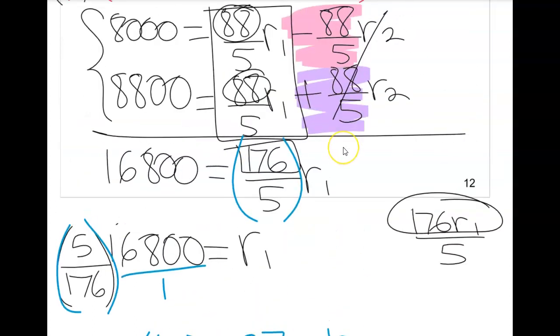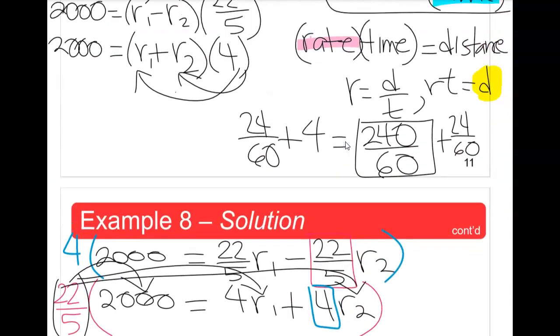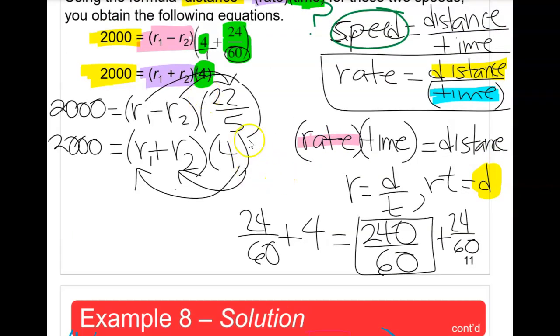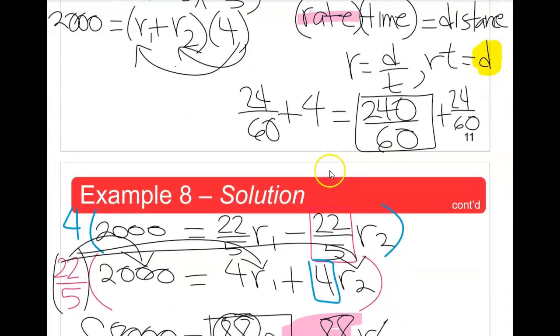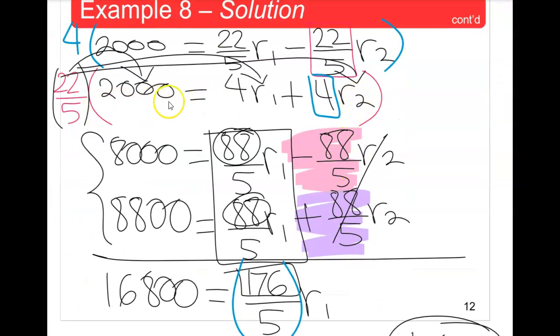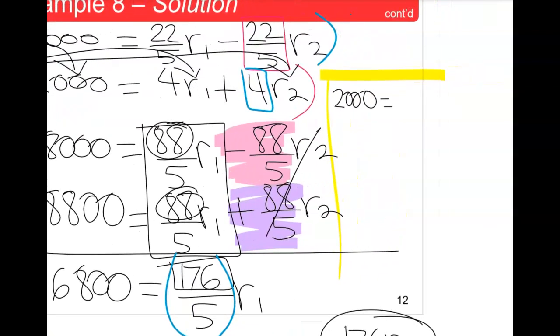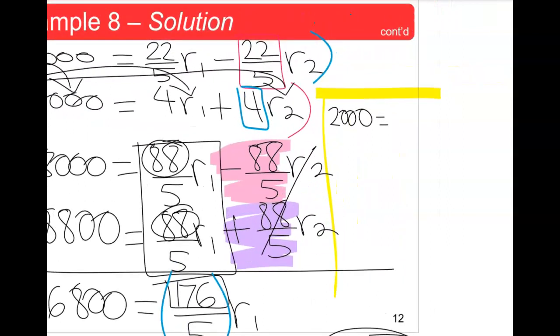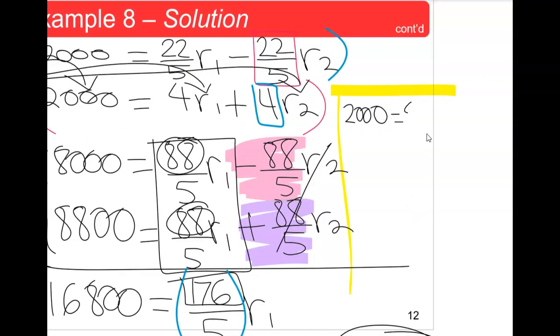Now, to find r sub 2, we could take one of the original equations. I will probably take this one here. It's the easiest, or we could take this variation right here. So it will be 2,000 equals 4 r sub 1 plus 4 r sub 2.